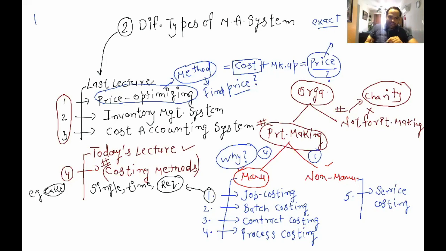One more requirement I should mention here for job costing. So criteria 1, 2, and 3. The third criterion is that products are non-identical. Every product is different from other products.